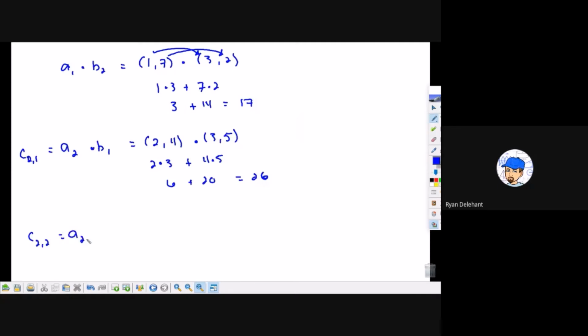So we're going to go A2 and B2. So A2 was the 2 and the 4, and B2 was the 3 and the 2. So this is 2 times 3 plus 4 times 2. So that's 6 plus 32, which tells me that that element needs to be 38.